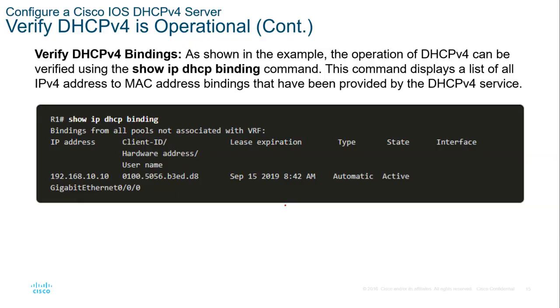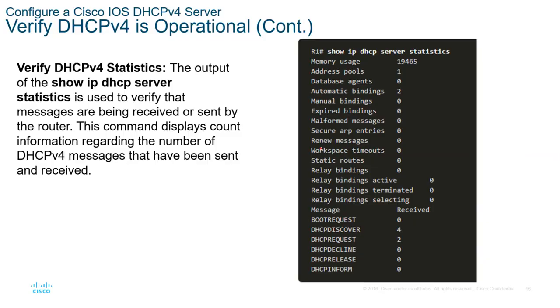Then we have the binding, show ip dhcp binding. As you can see, it's this IP address 10.10 with the MAC address, which is this, and then the lease expiration. The type is automatic, and the state is active. Then we have the DHCP statistics, which is this.